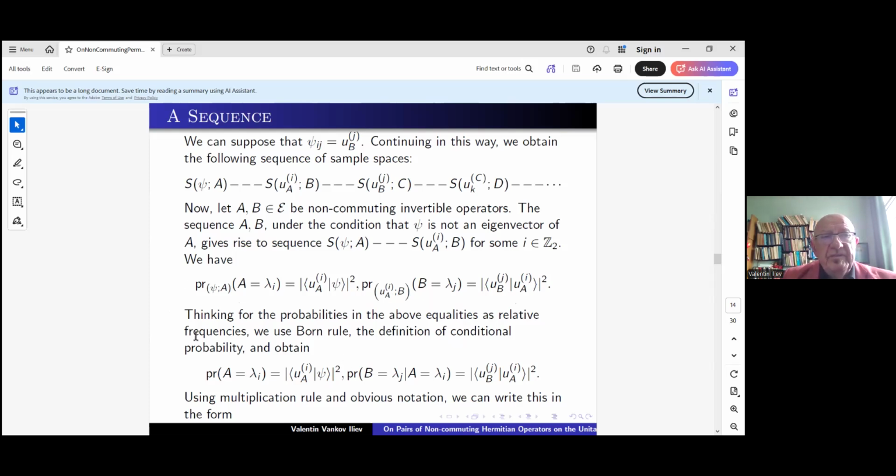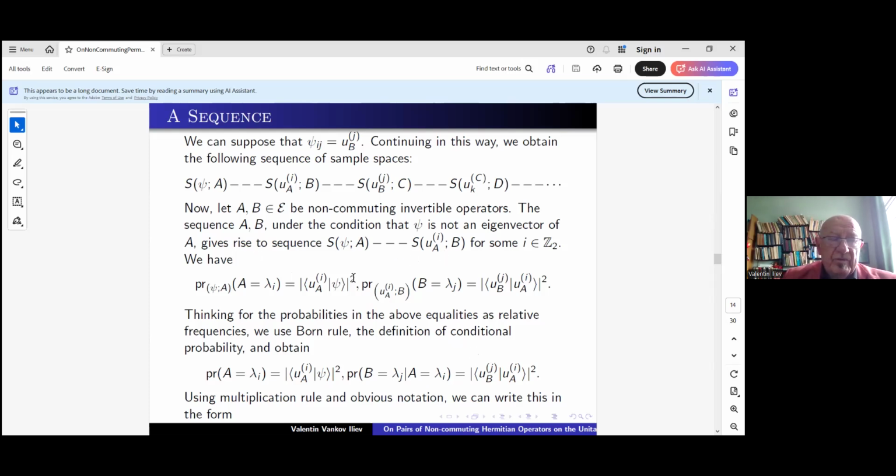Then, thinking of the probabilities in the above equalities as relative frequencies, we use the Born rule and the definition of conditional probability, and obtain this. See, this is the probability of A equals lambda I. We discussed this. And this conditional probability, under the condition that A equals lambda I, the probability of B equals lambda J is this absolute value.